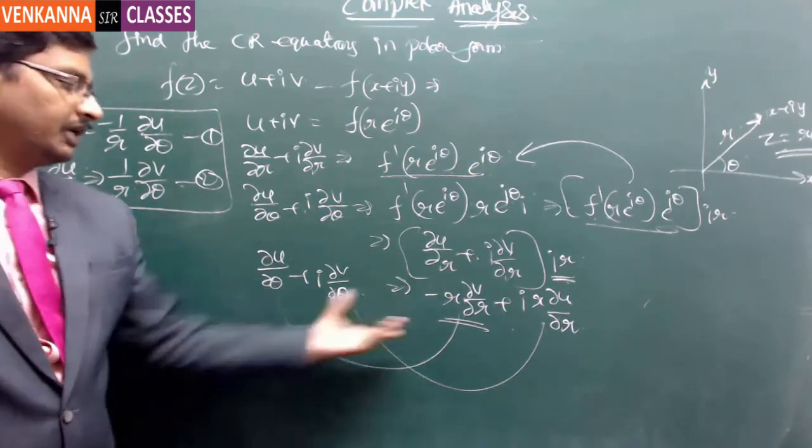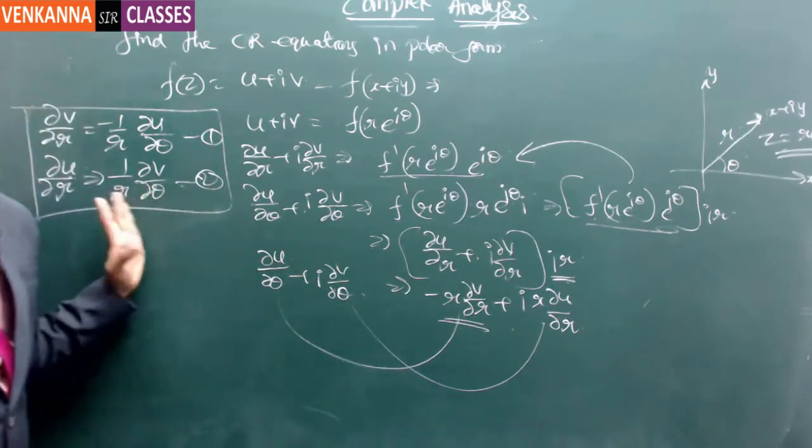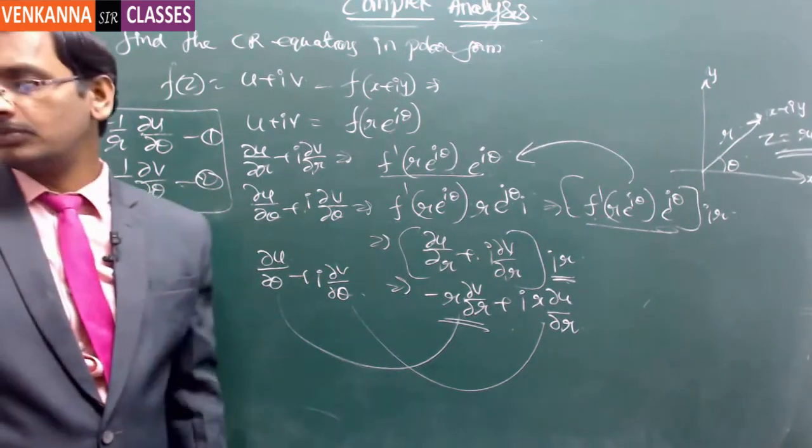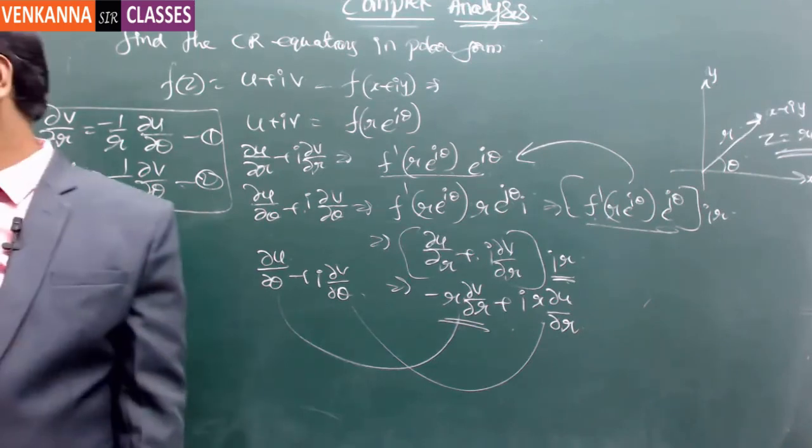Now actually you equate the corresponding terms, both real terms and both imaginary terms. So you arrived at the CR equations in polar form. Note down this. Let me know once you are done.